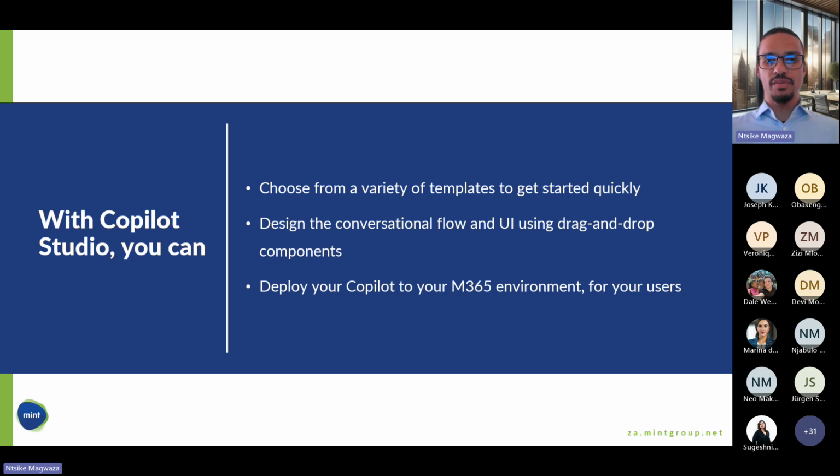So instead of having to understand fairly complex formulas and write complicated code, you can very easily drag and drop elements into your topics and into your conversational flow, including actions, to get your Copilot to perform specific tasks and communicate with your users the way that you need. And once you've built that and you're satisfied with how it works, you can deploy your Copilot to your M365 environment for your users to interact with, like we saw in that previous chat window.